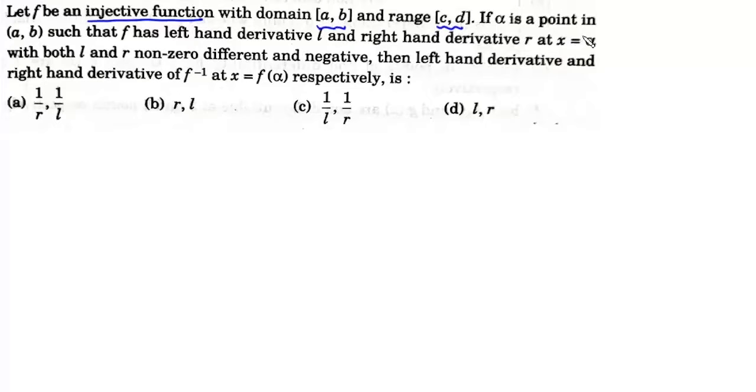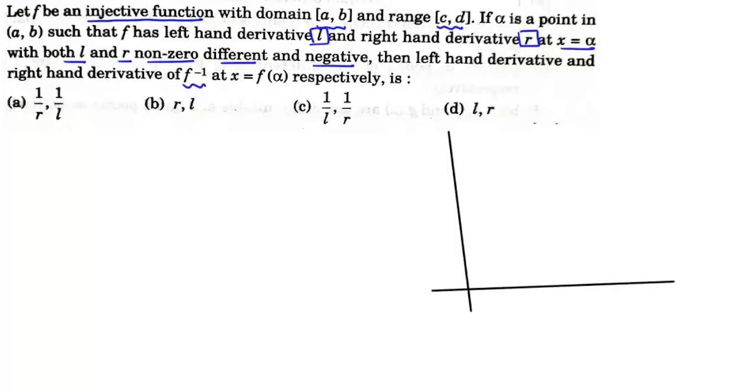If alpha is the point in open interval ab such that f has left hand derivative L and right hand derivative R at this point x equals alpha, where both L and R are non-zero and they are different and they are negative, then we need to find left hand derivative and right hand derivative of its inverse function at x equals f(alpha) respectively. So there is a lot of information given for this question.